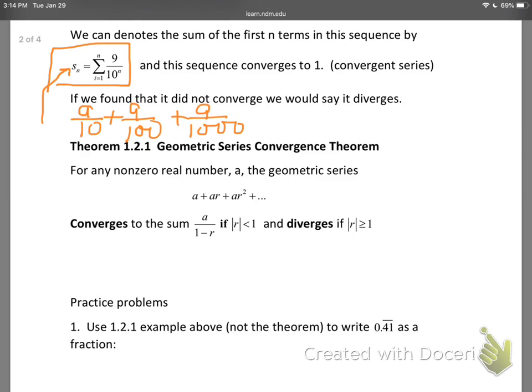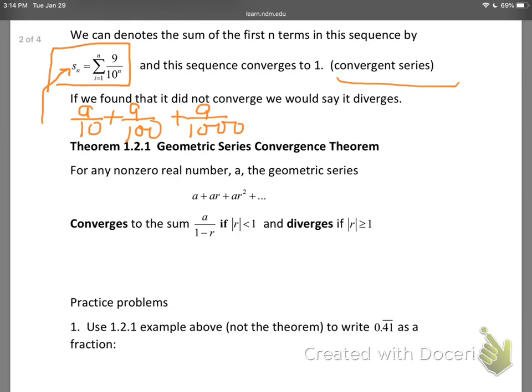Depending on what your n is, you will have either the sum to infinity, or you'll have a partial sum. And as I said previously, since this was just the fancy number 0.9 bar notation, this was a convergent series, which means that it converged to one number, and that number was 1.